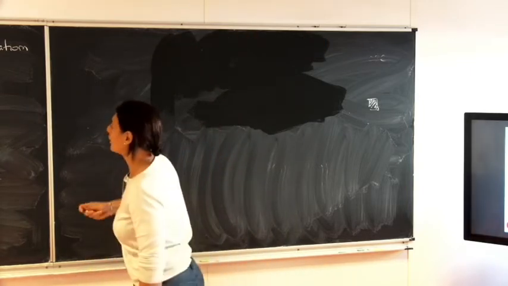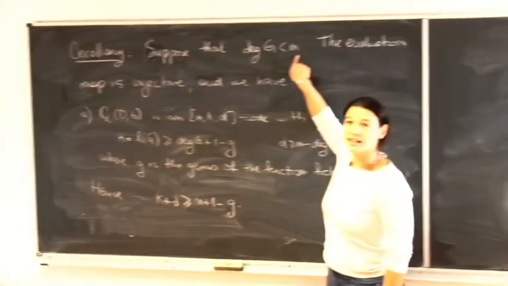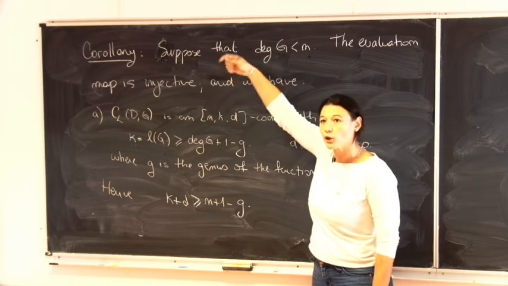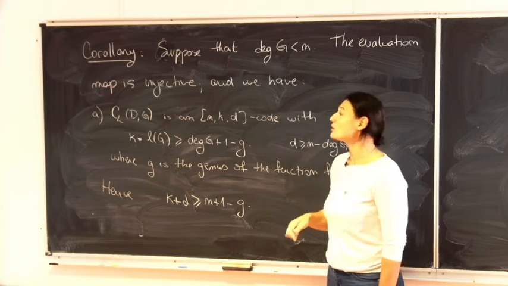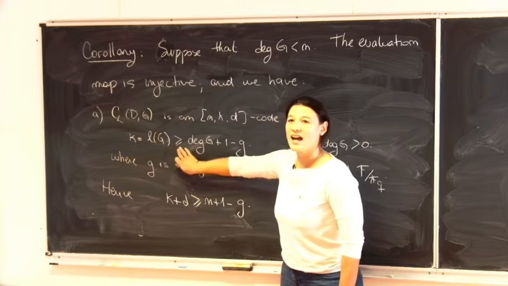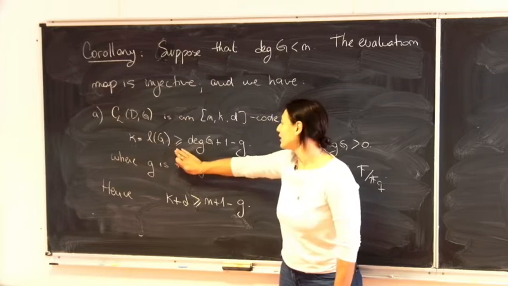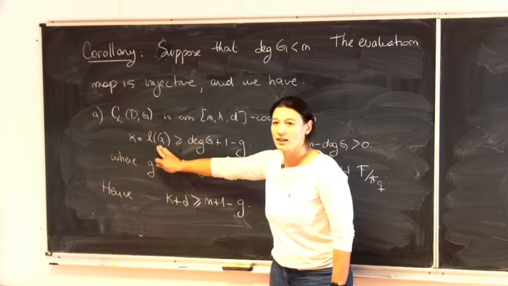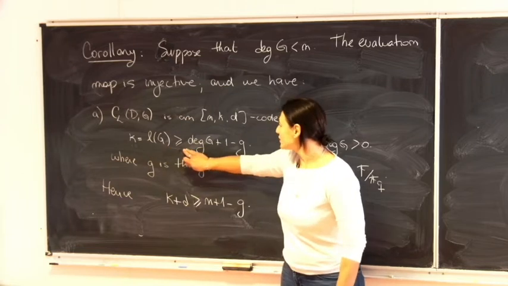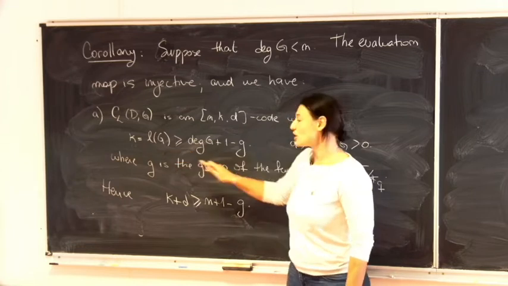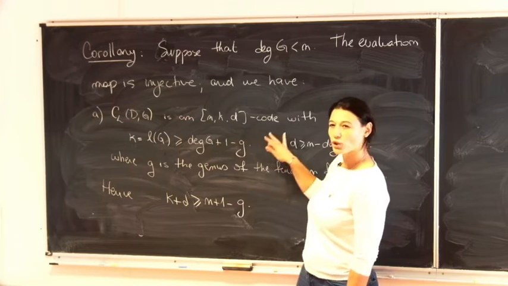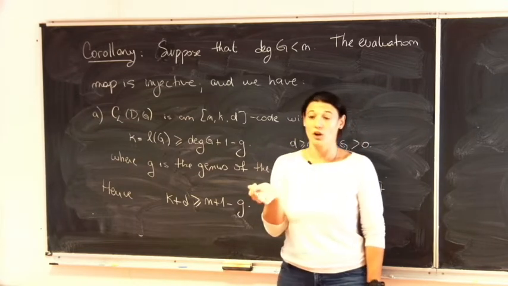If, moreover, I have not only that the degree of G is less than n, but I have also that the degree of G is greater than some constant involving the genus, if you remember the last theorems that we saw, then I can say that in this inequality, I have equality actually. Recall that when we have that the degree of G was greater than 2g minus 1, where g was the genus, then this was an equality. Because if not, I had something more here that was the dimension of that divisor with the canonical divisor that we did not define.